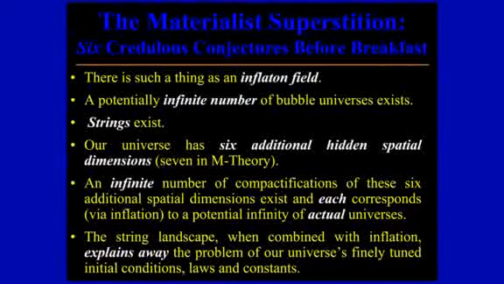It was invented to solve a specific problem. It bears no intrinsic relation to any of the other fields that exist in physics. Secondly, there's a potentially infinite number of bubble universes. Thirdly, there are strings. Strings exist. Fourthly, our universe has six additional hidden spatial dimensions, seven if you embrace M theory.